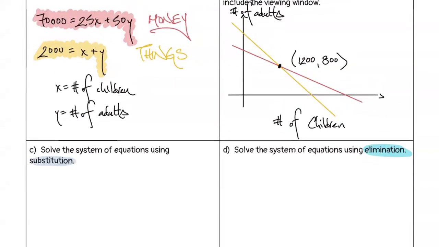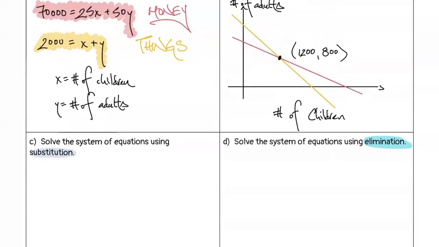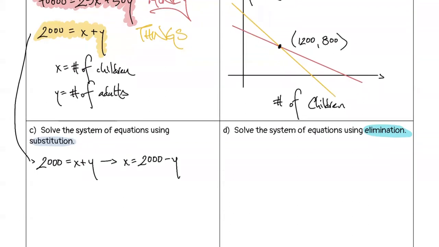Okay. So you did 2,000 minus A. So if we grab this equation and we say, okay, we have 2,000 equals X plus Y, you said X equals 2,000 minus Y, yeah?